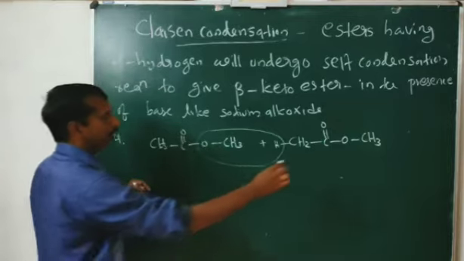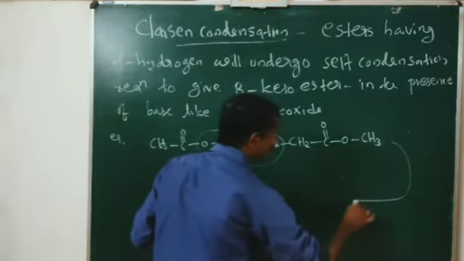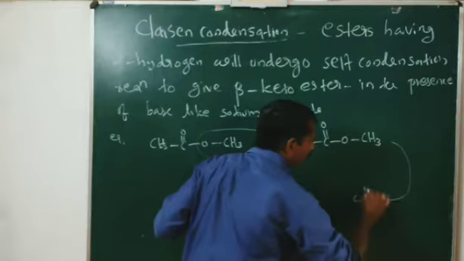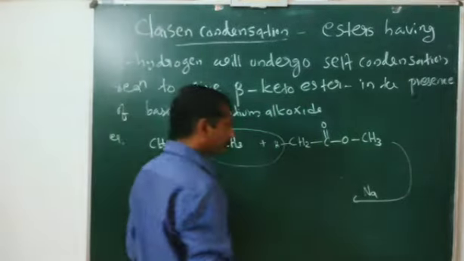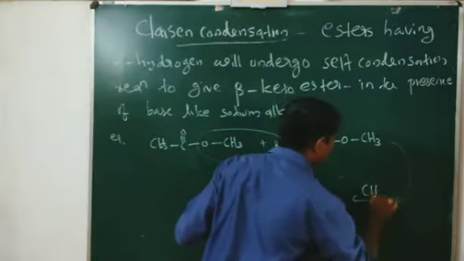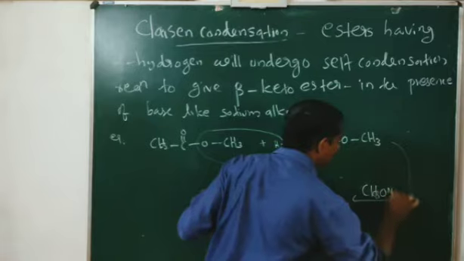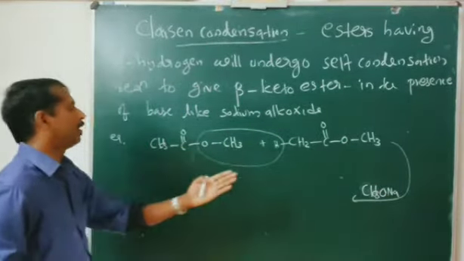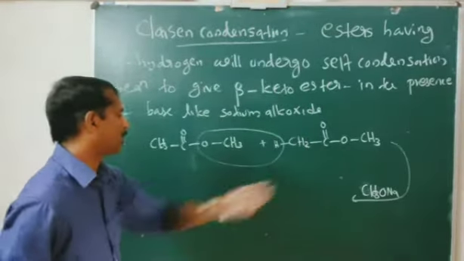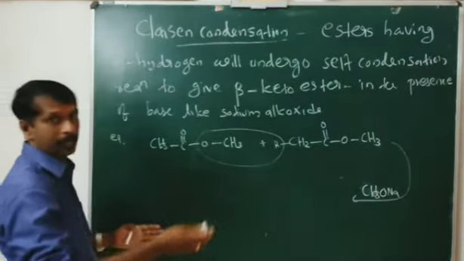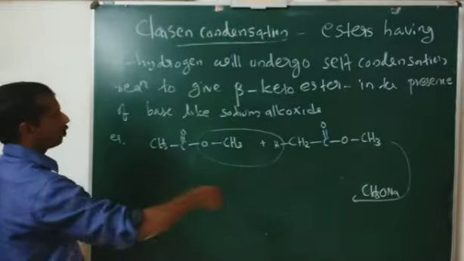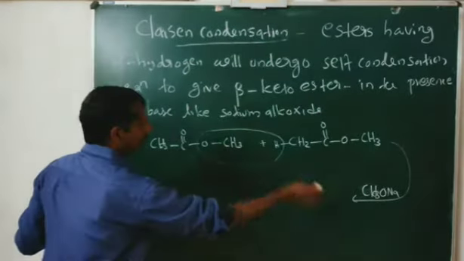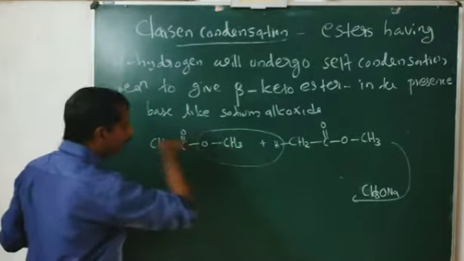CH3OH will be eliminated, and this is taking place in the presence of sodium alkoxide, CH3ONa, sodium ethoxide. You can take sodium alkoxide, RONa, and CH3OH will be eliminated.